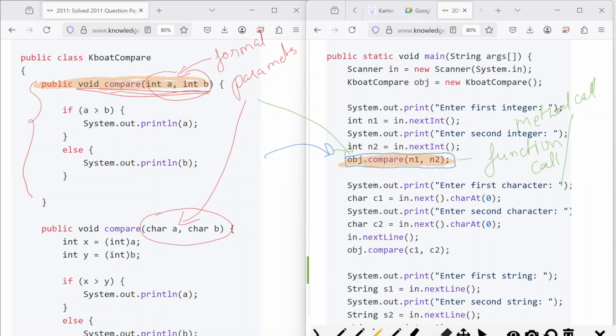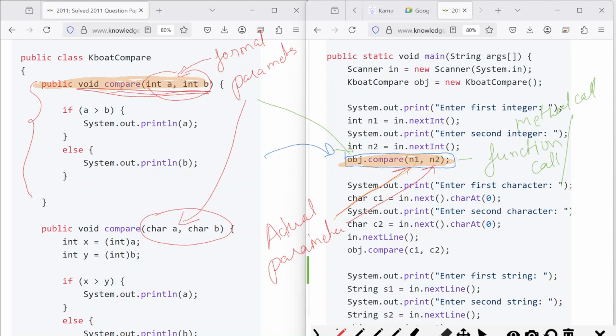Now here if you see carefully, these two variables are called actual parameters. Why actual parameters? Because we are actually providing some values.